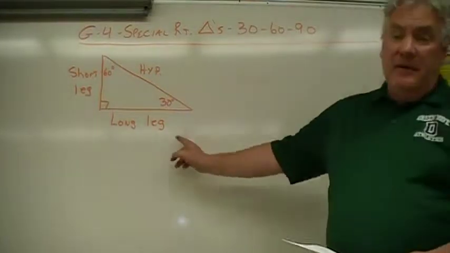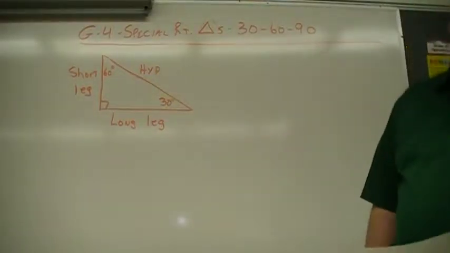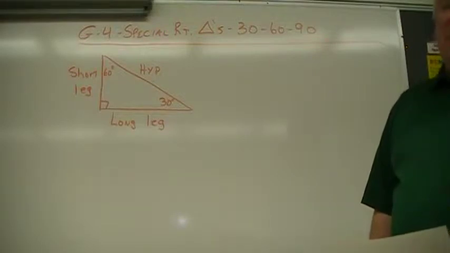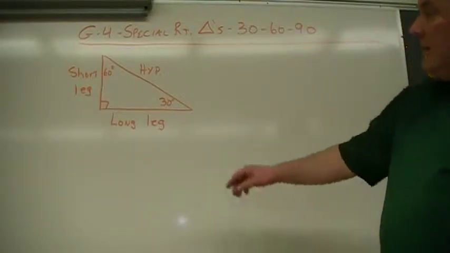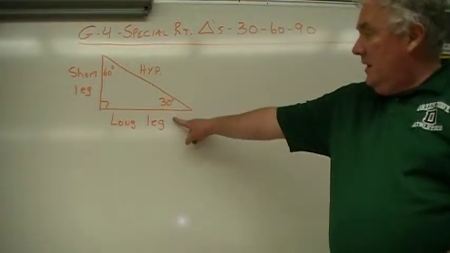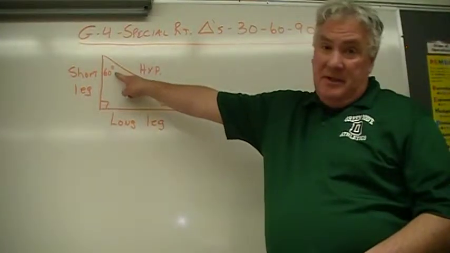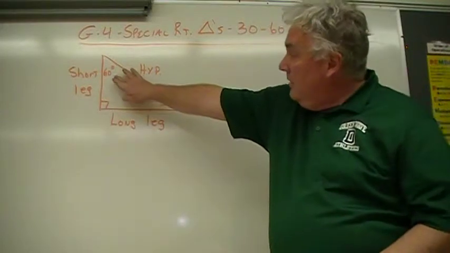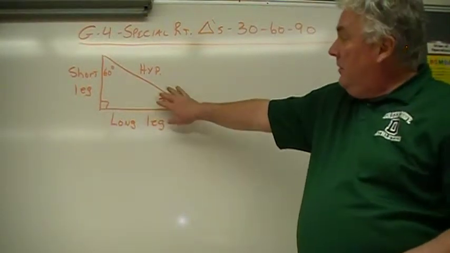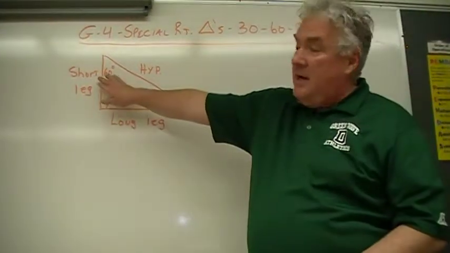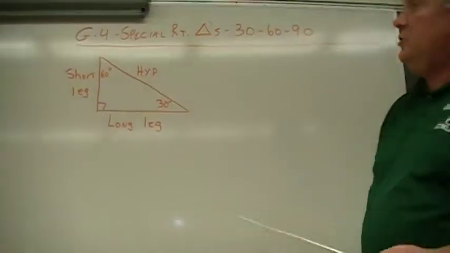We have three different side lengths. The 45, 45, 90 had two similar legs that were the same length. Here we have a long leg, which is opposite the 60 degrees. Really important, 60-degree angles create the longer leg. 30-degree angles create the short leg, or the shorter leg.